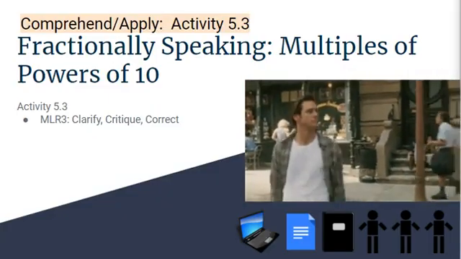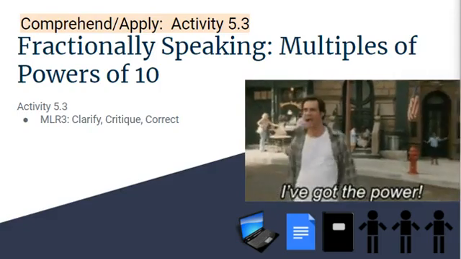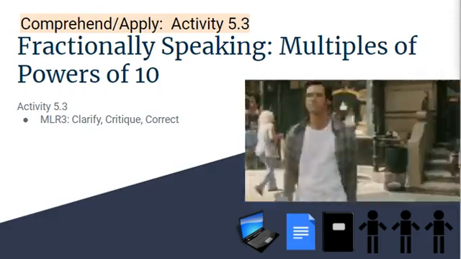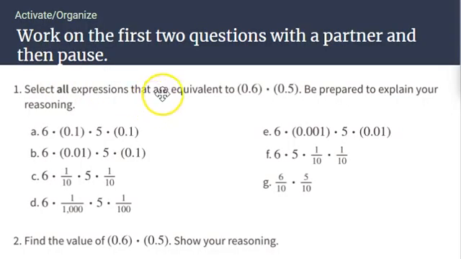All right, let's do a little more digging with powers of 10. So, question here is, which of these would be equivalent to 6/10 times 5/10? Six times 1/10 times 5 times 1/10, would that be the same?